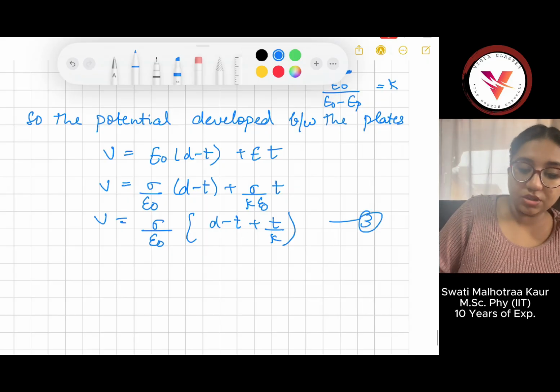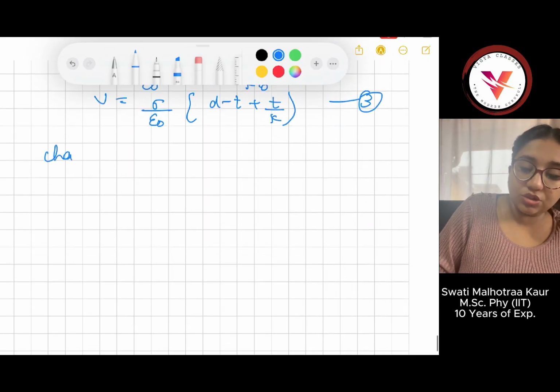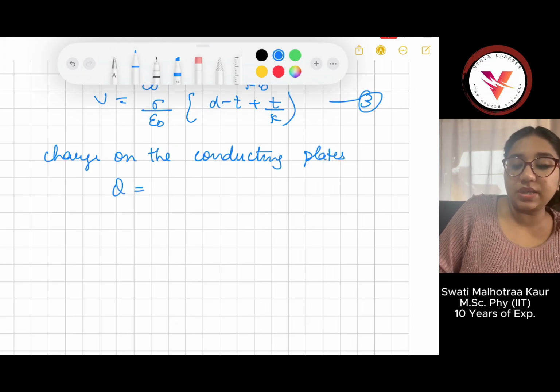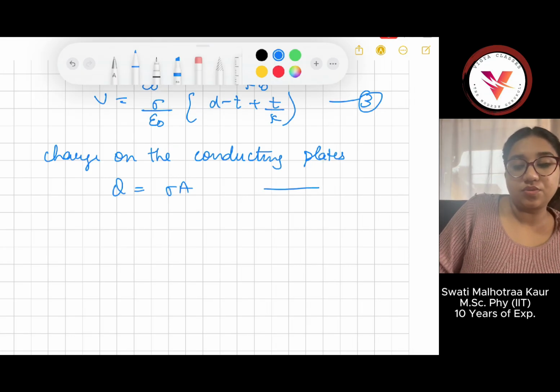Okay, now the charge on the conducting plates, Q, is equal to sigma times A. Let's put it as 4.